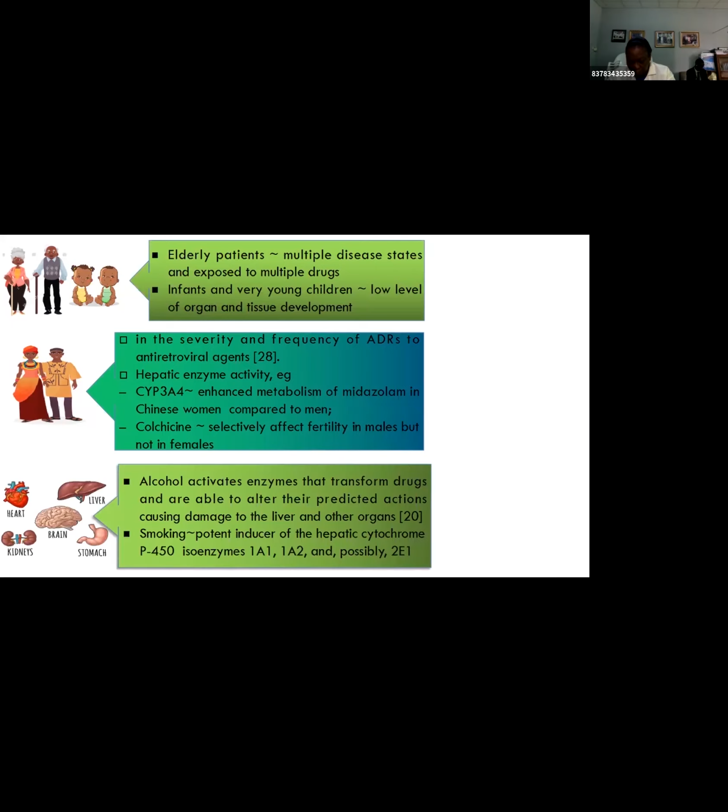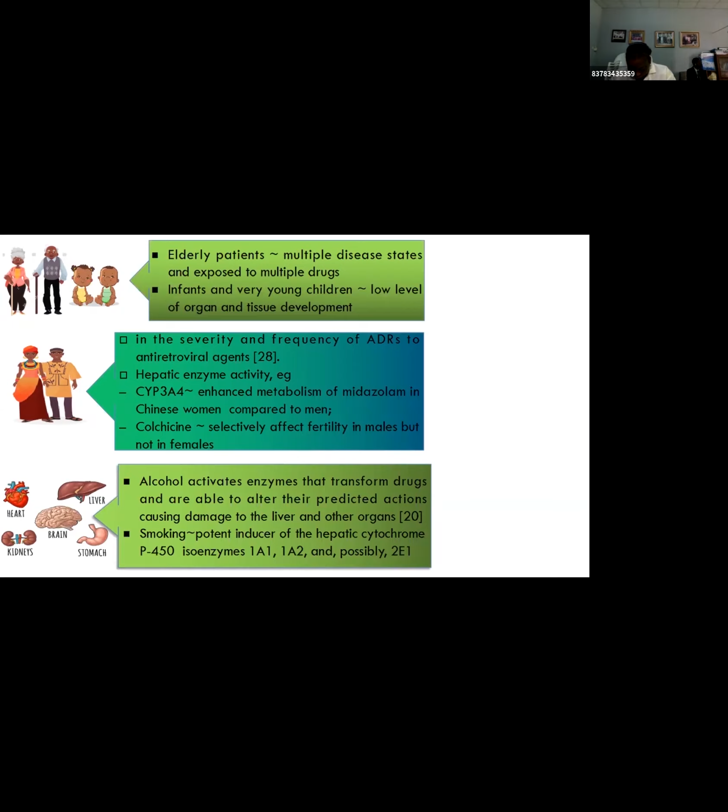Then we look at the effect of alcohol and smoking. Now, chronic alcohol consumption affects organs. We all know that. But apart from just affecting the organs, it is able to accumulate enzymes that have the ability to transform drugs. And as such, the predicted actions of these drugs are now altered. And sometimes it could lead to damage to the liver and other accessory organs.